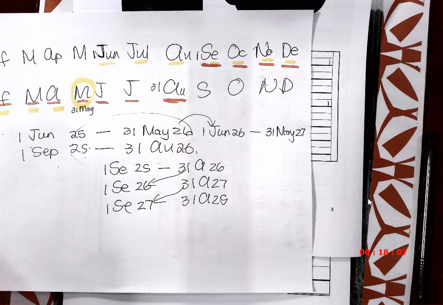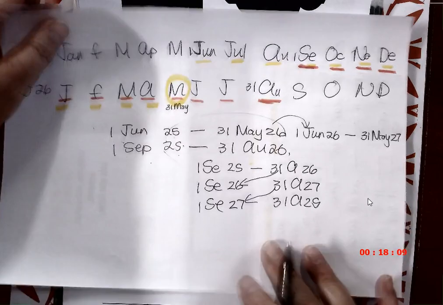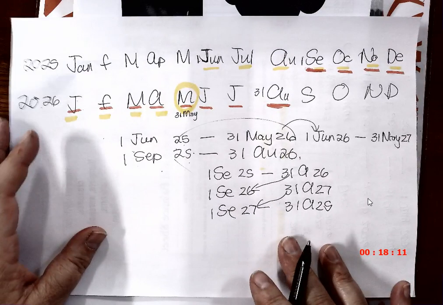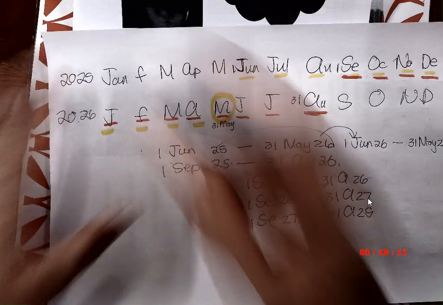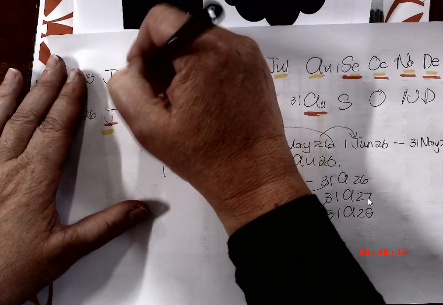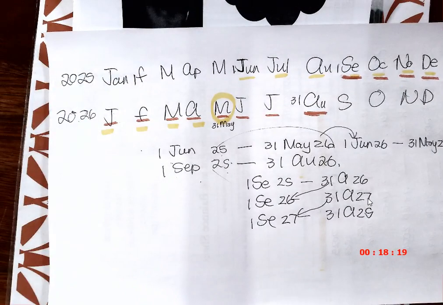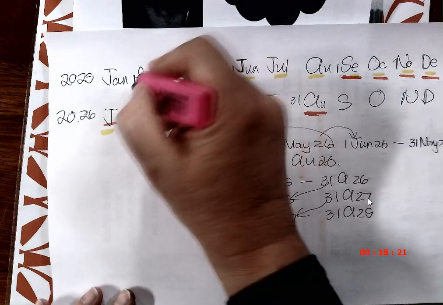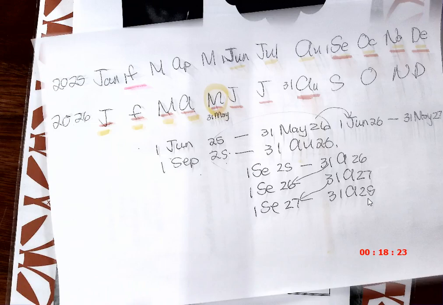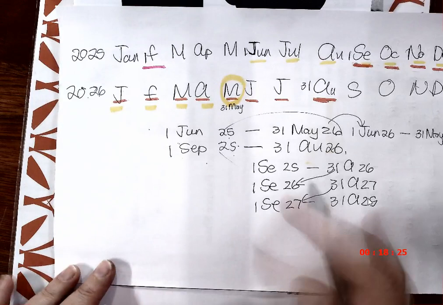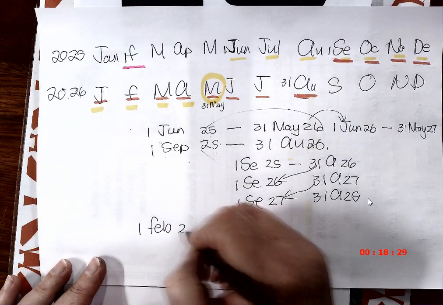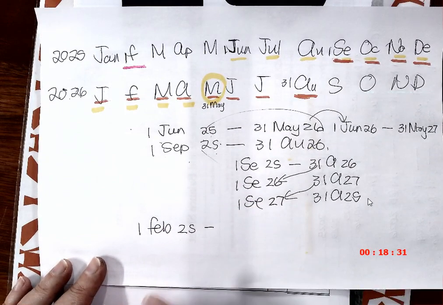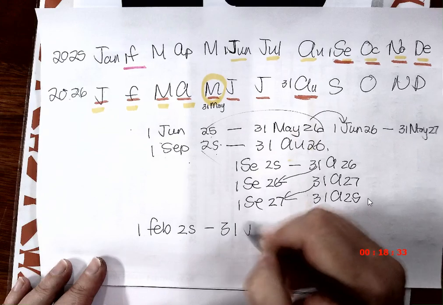If I say to you, we start the 1st of February. When do we end? Just try it without counting. January 26.